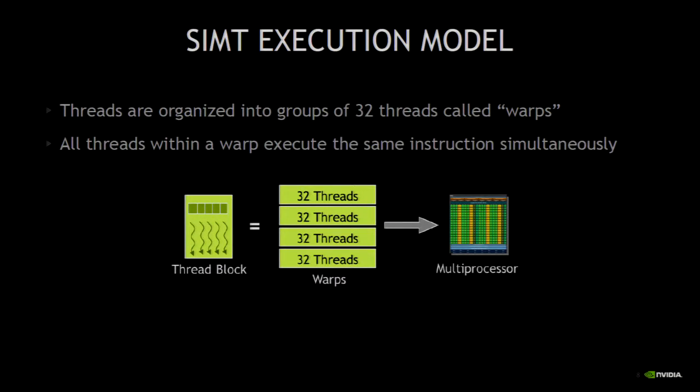A thread block can have, for example, 128 threads, and the hardware sees this thread block as 4 warps of 32 threads. The warp is a very important term that is used in all the later best practices that I'll cover.